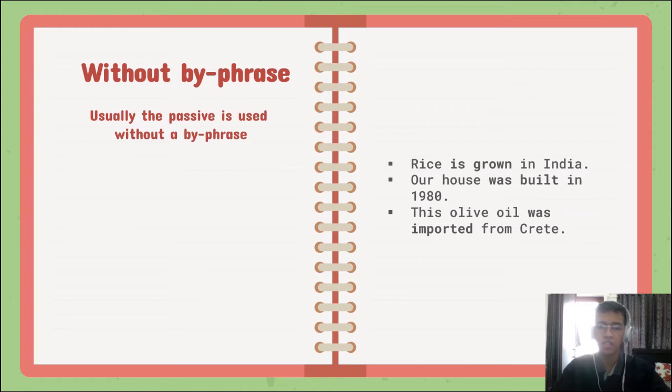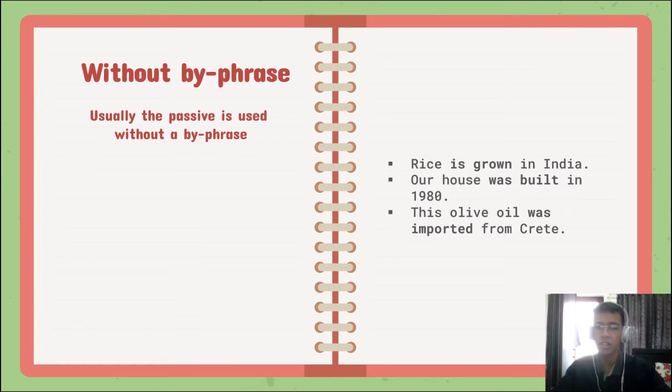In this example, rice is grown in India, but who grew it, we don't know. The second one is: our house was built in 1980, also the same as before. In this case, we also don't know who made the house.